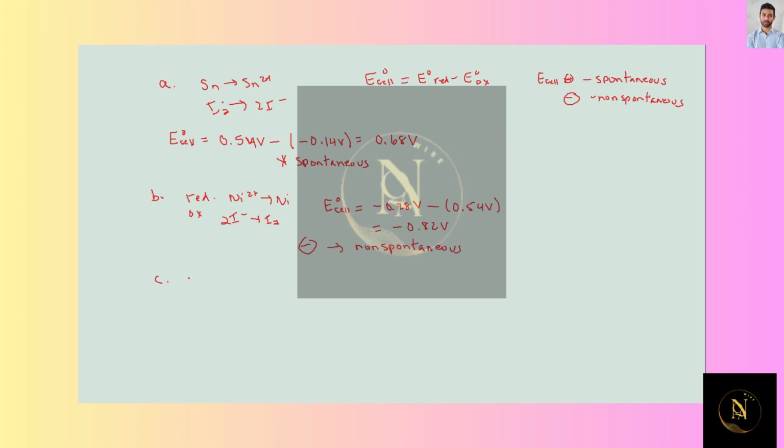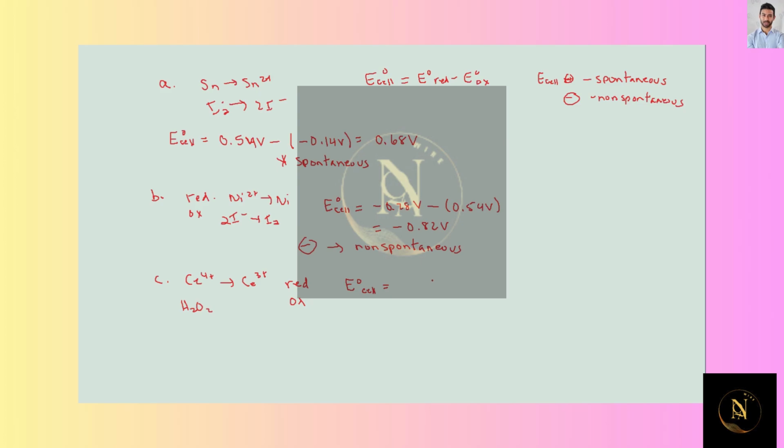Part C says that we want to have the reduction of Ce4+ to Ce3+. So this is our reduction reaction, and the oxidation reaction is using H2O2. In this one, again, we're calculating E cell.